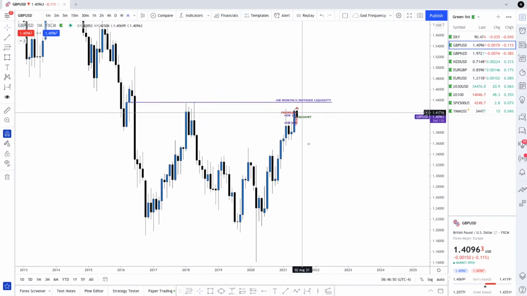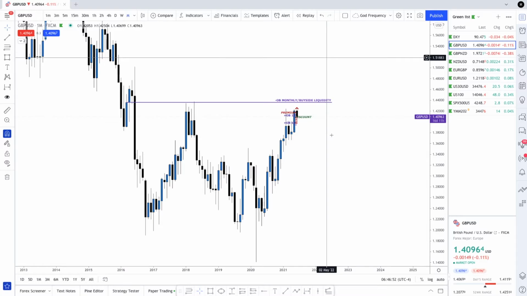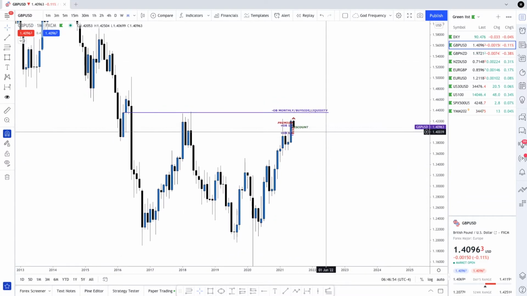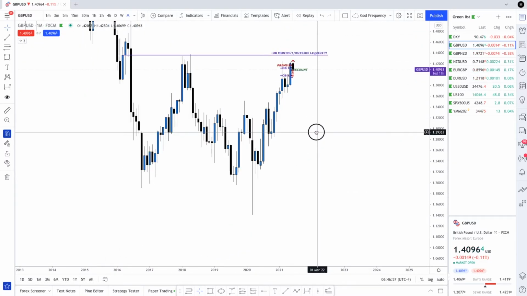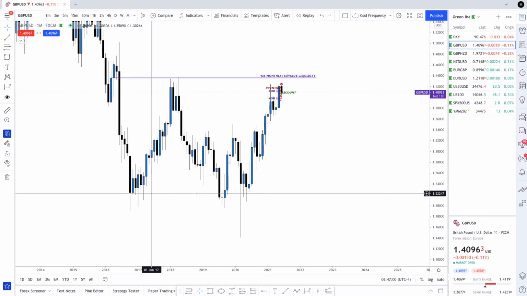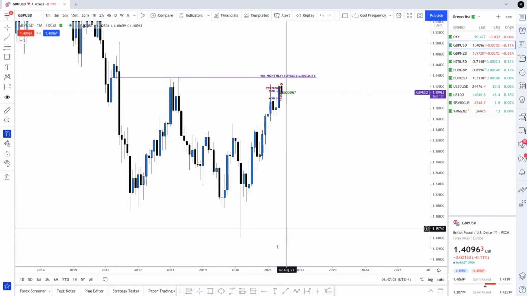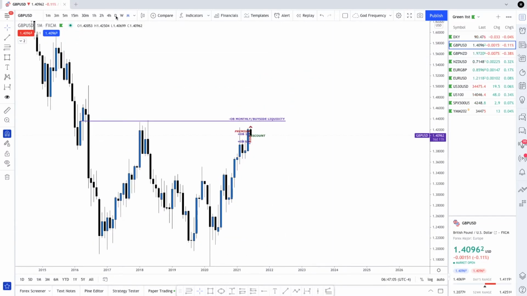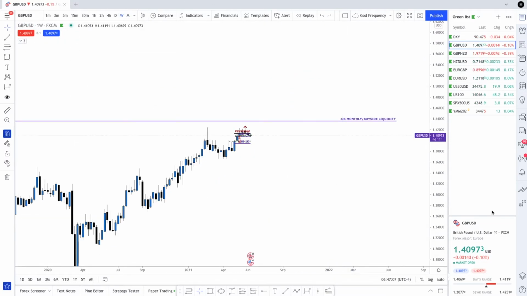So I do see us gaining some strength there potentially, but it's also kind of range and ping pong in this area. We've been mostly strong recently on the pound.